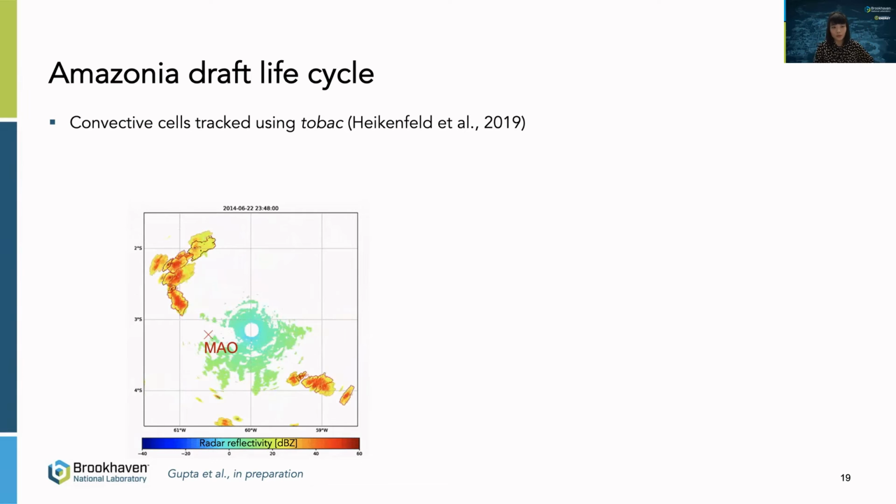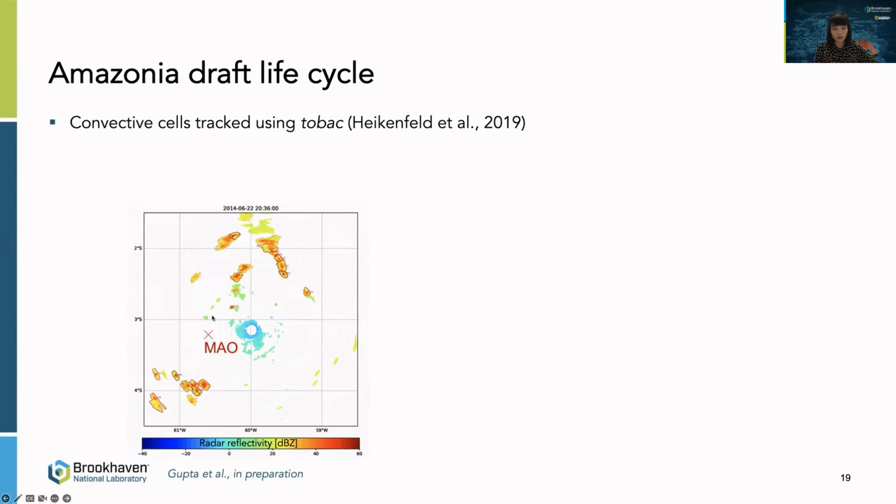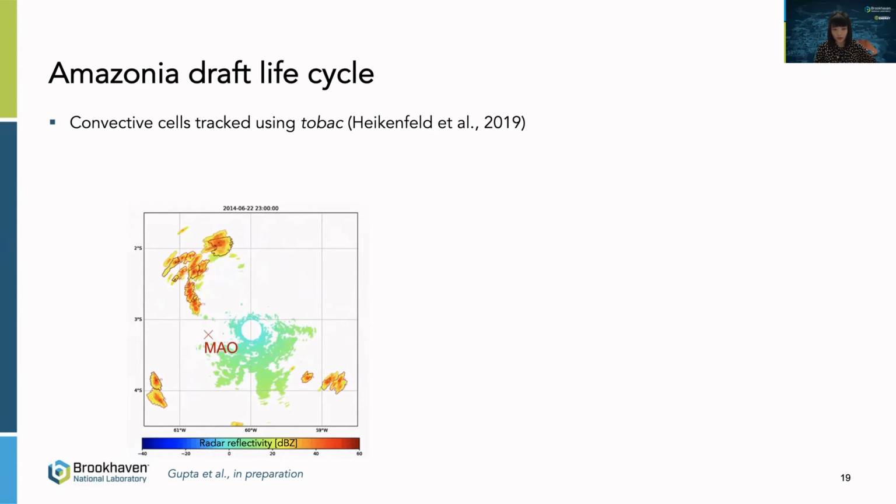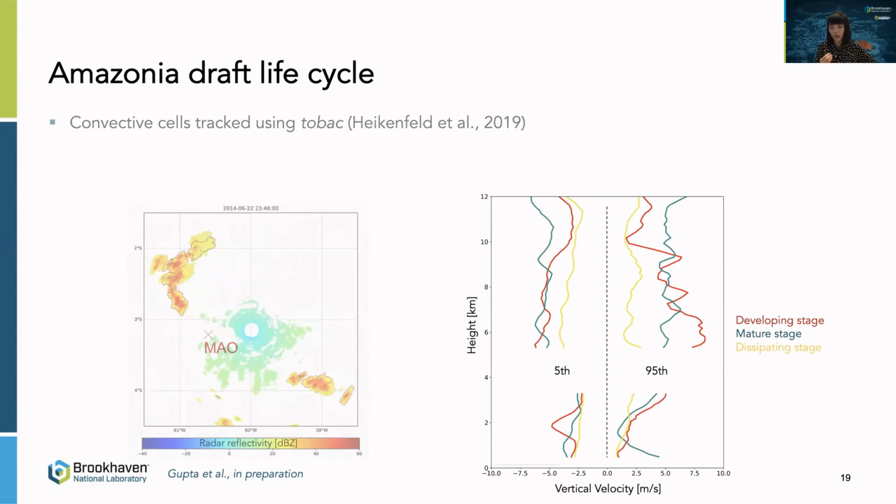And then we pick out those cells that are closer to the ARM site, and we look at the vertical velocity profiles for these cores as a function of their life cycle. We experiment with this on an isolated convective system first. That is the one you were seeing in the animation.